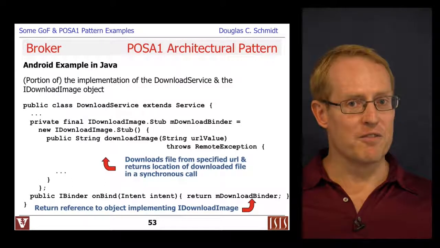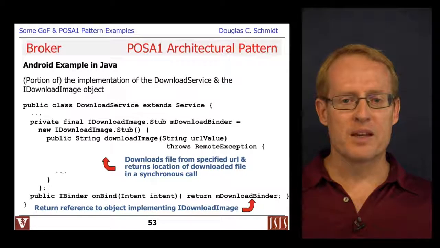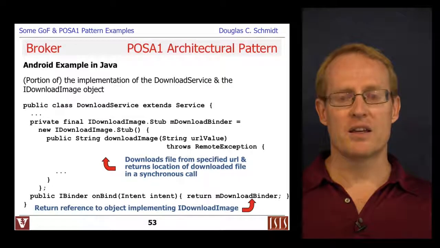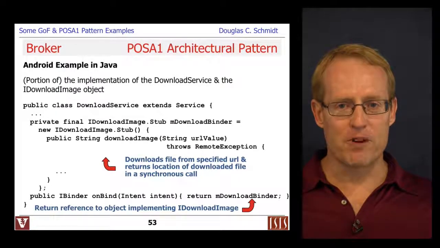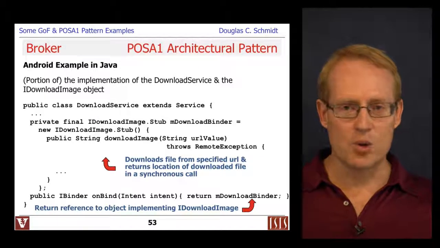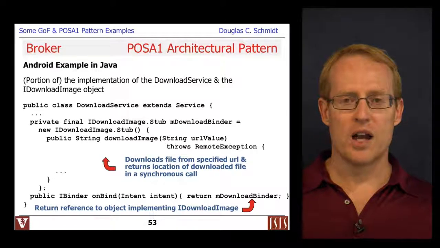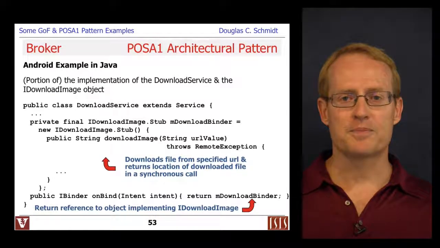And then when a client invokes the download image method through the proxy, this particular download image implementation method is dispatched by the binder framework as an upcall through the stub to go ahead and do the actual work of getting the image content from the web server and returning it back as a URI.